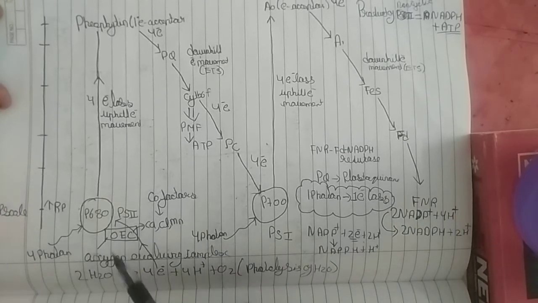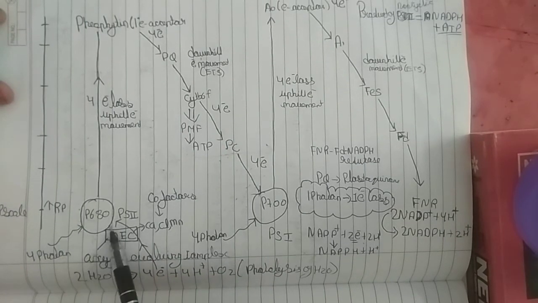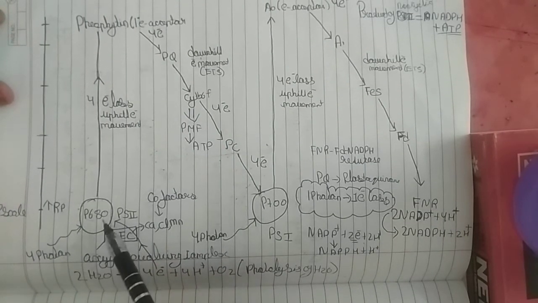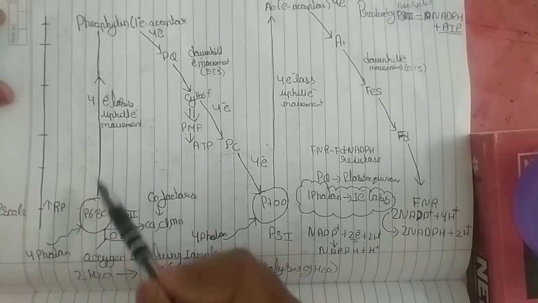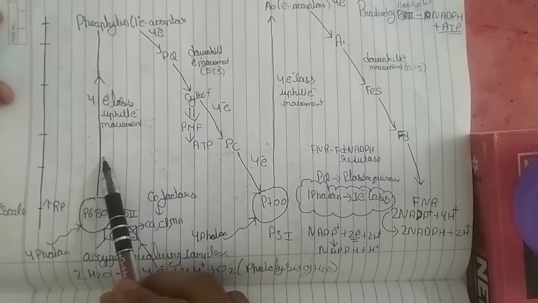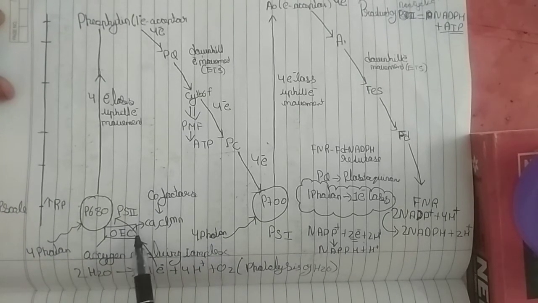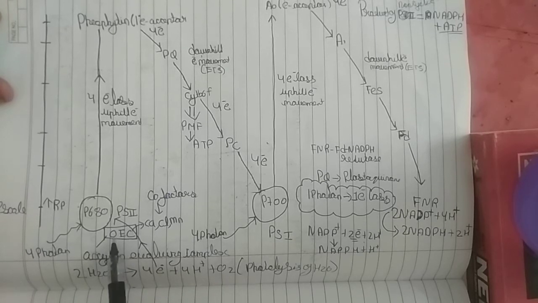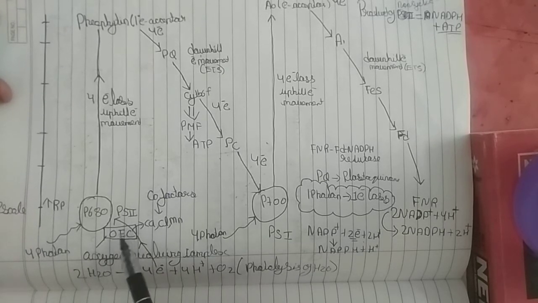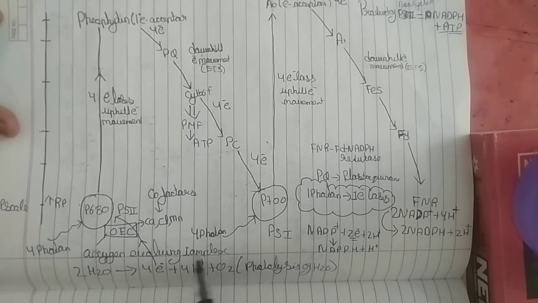Now it is necessary to understand where these electrons are coming from, which are excited by the reaction center. Once it loses electrons, there will be an electron deficiency here, which is supplied by the oxygen evolving complex, which carries out the photolysis of water, not hydrolysis.